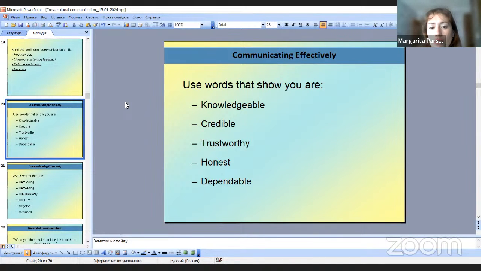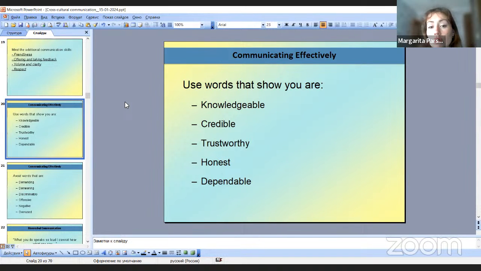Trustworthy. We can say that trustworthy is also like credible. It's a psychological point of this process for the person. So trustworthy words are also words which are easily accepted. Honest, of course: we must be honest with other people.